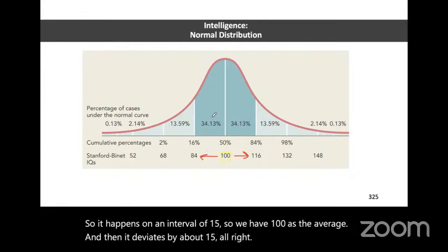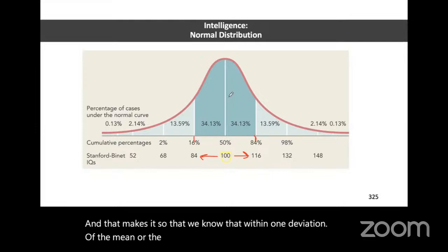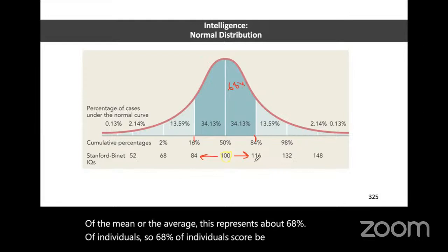Within one deviation of the mean, or average, falls about 68% of individuals. So 68% of individuals score between an 84 and a 116.